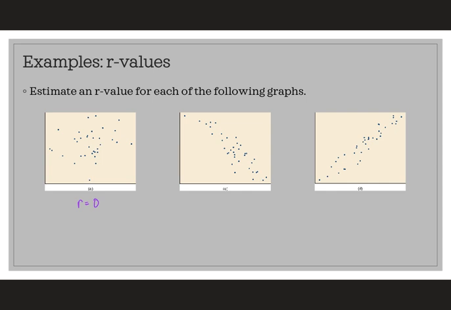Okay, now the next one. These ones do actually have a pretty obvious trend, right? It's going down as it goes from left to right. So my R value is going to be negative because I'm moving in a downward trend. And because it's also kind of going downward, it's not a 1, okay?